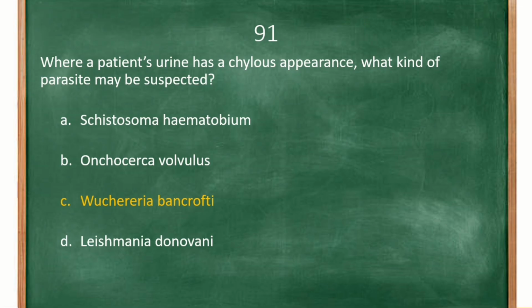It does not cause any chylous urine. Then if you look at Leishmania donovani, this parasite causes visceral leishmaniasis, which affects the liver, spleen, and bone marrow, and it's not associated with chylous urine. Okay, so our answer here is Wuchereria bancrofti.